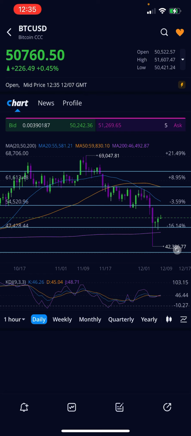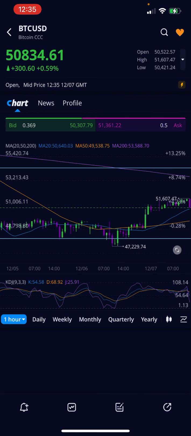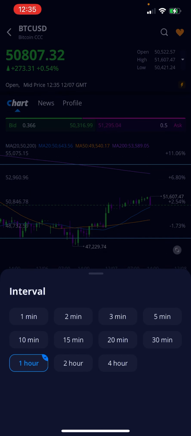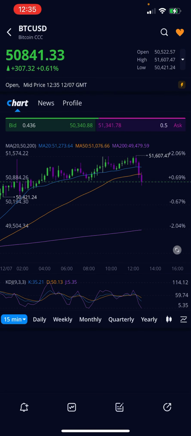But the green for today has a long wick on it, so that means uncertainty about the price going up. We'll see throughout the day how that develops. On the hourly candlestick, we can see that there's been just now a lot of selling. And if you go to the 15 minutes, we can see that this has been happening for just over 40 minutes.